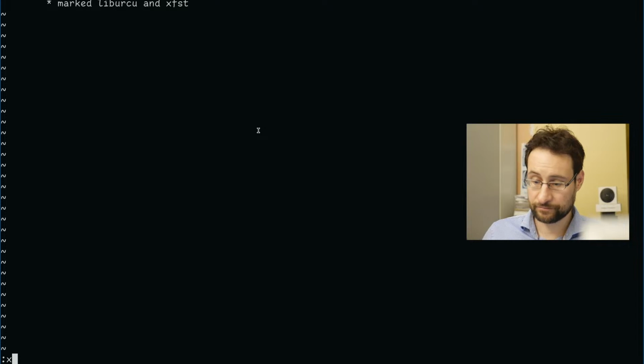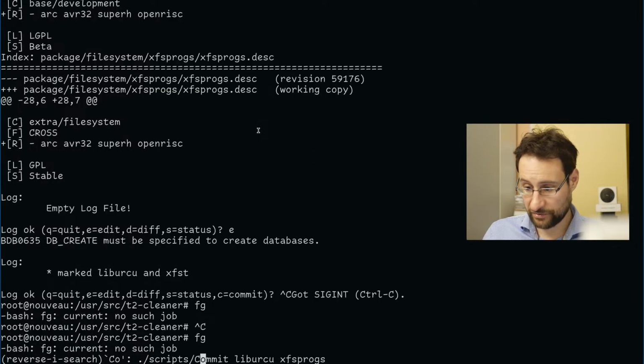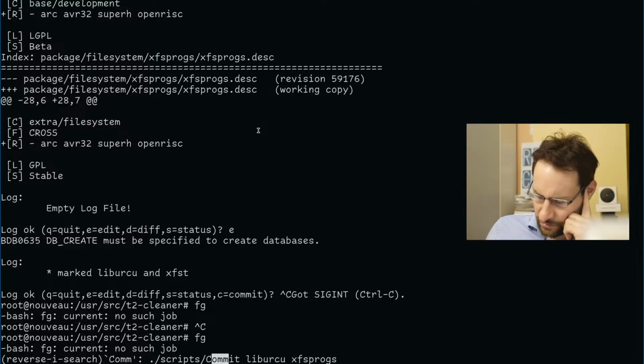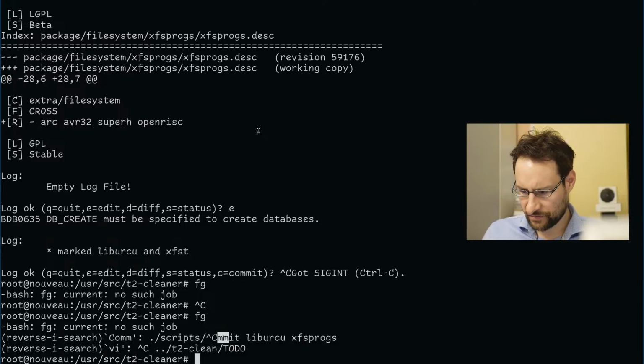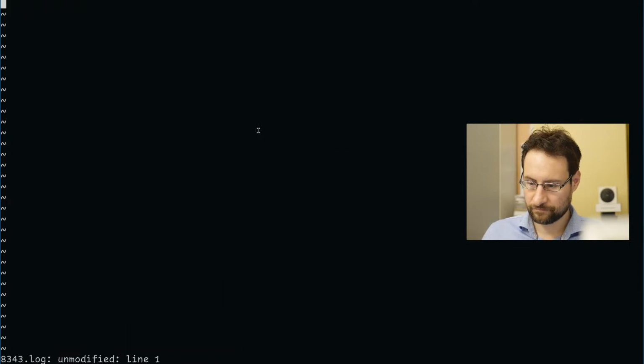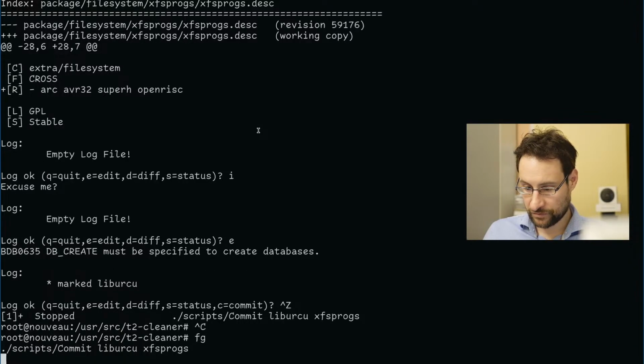Tools or utils? Procs. Integrated ISIS. You know what? Maybe. Wait, this was not Control-C, was it? Or was it?